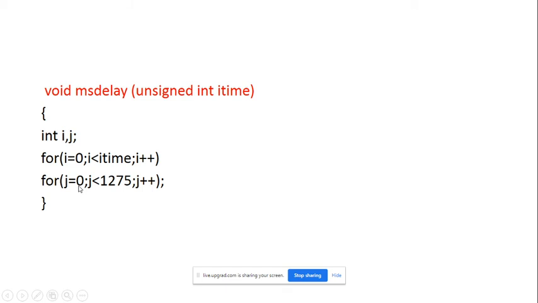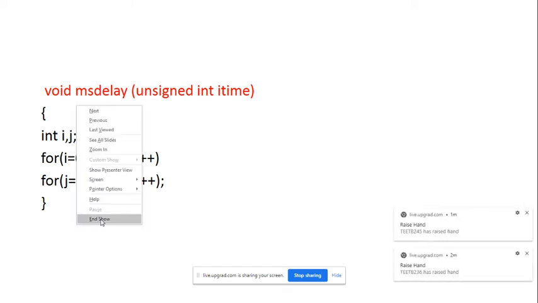And j is moving from 0 to 1275. 1275 is the delay count for a millisecond, because you want to generate millisecond time. This is for a millisecond, so 10 milliseconds, 20 milliseconds, 50 milliseconds, like that. And this covers the explanation of the code as per our problem statement.